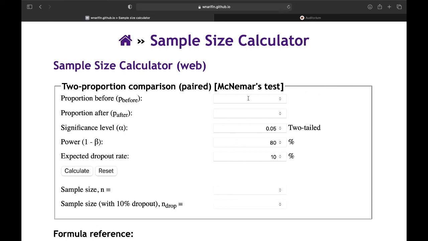So if sensitivity of one test is 70% and you assume that sensitivity of the other test is 80%, keeping all other things constant, that is type 1 error of 5% and power of 80%, the calculated sample size will be 296. Right?